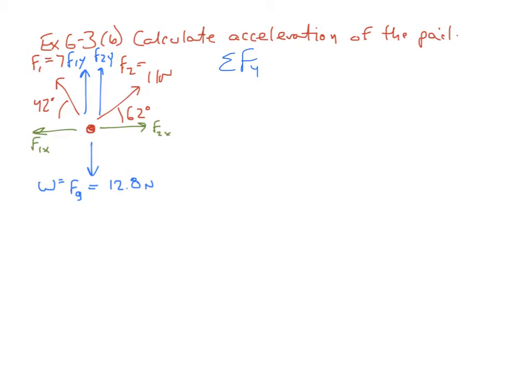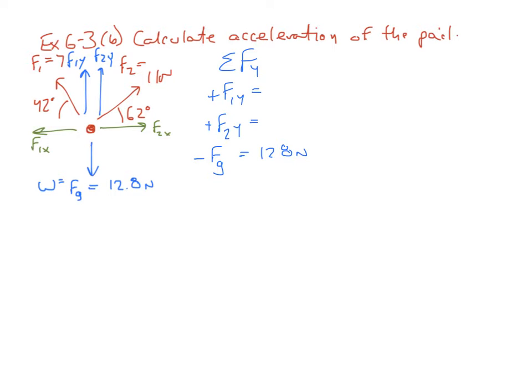We have a positive force 1 in the y direction, and a positive force 2 in the y direction, but our weight force, or the force due to gravity, is going to be negative. Now we're told what that is. That's 12.8 newtons. But what we have to do is a little bit of digging to figure out what our y components are of force 1 and force 2.